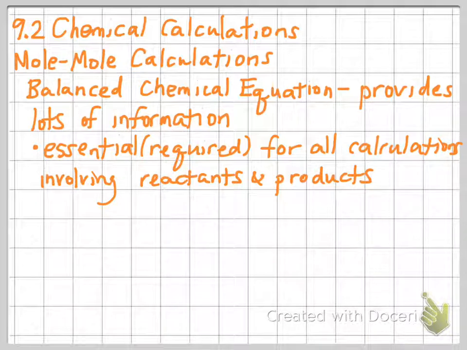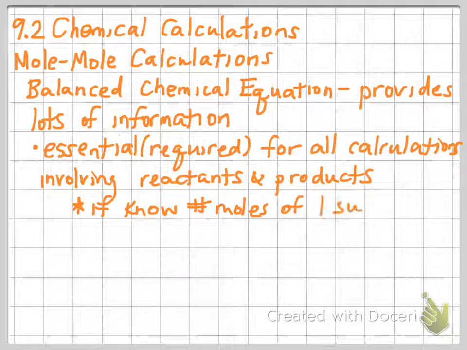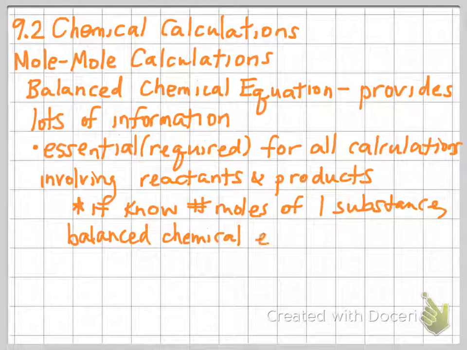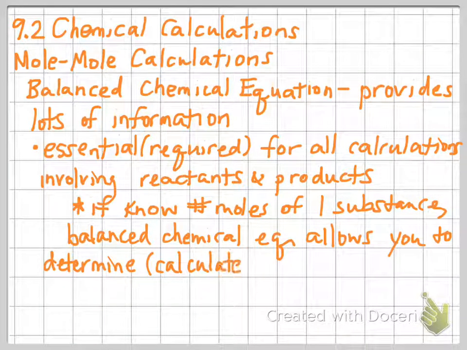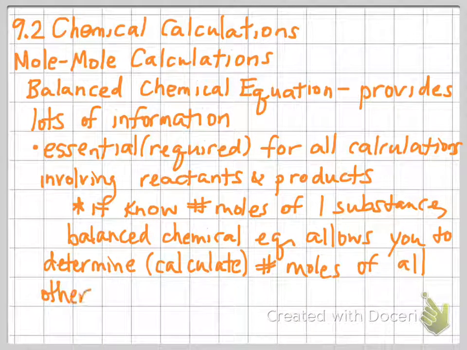This is important because, okay, if you know the number of moles of one substance in that balanced chemical equation, the balanced chemical equation allows you to determine, or more likely determine by calculating, the number of moles of all the other substances in the reaction.